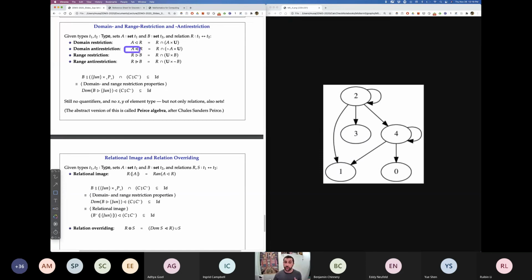Anti-restriction means I want to zoom down to everything not in A. Okay. Range restriction says I want to zoom down where the outgoing edges are in B. So for example, I want to zoom down only to where the outgoing arrows are in 4 and 0. So here's an outgoing edge in 4 and 0. Right.